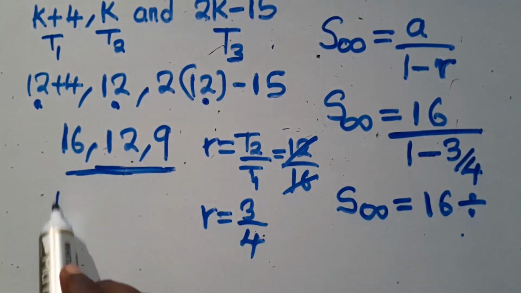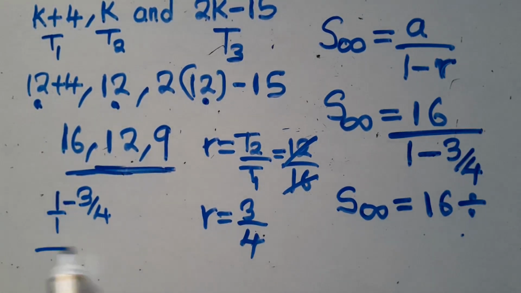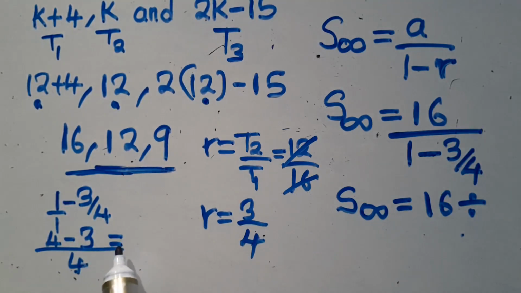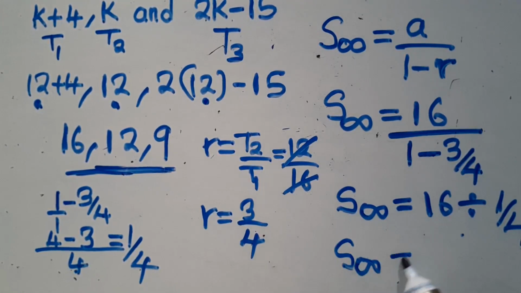So 1 minus 3 over 4. Common denominator 4. 1 into 4, 4. 4 times 1, 4. Minus 4 into 4, 1. 1 times 3, it is 3. What is the answer there? 1 over 4. So here you say this is now equal to 16.